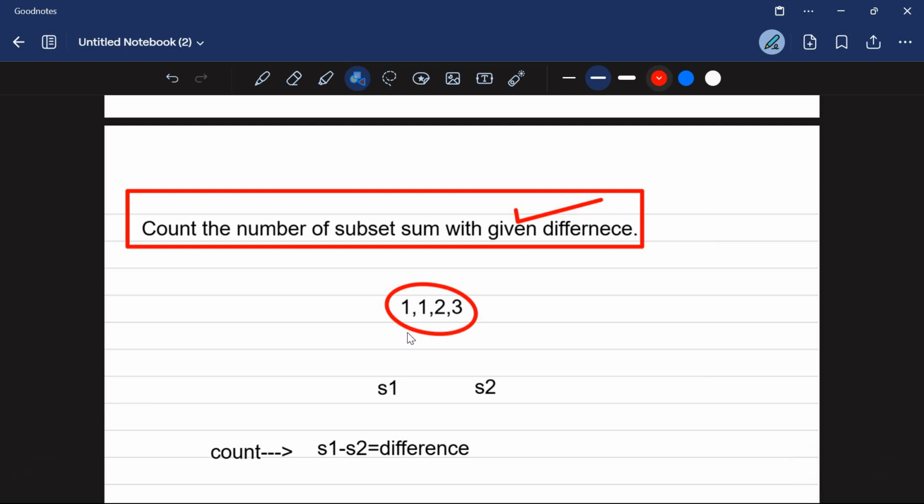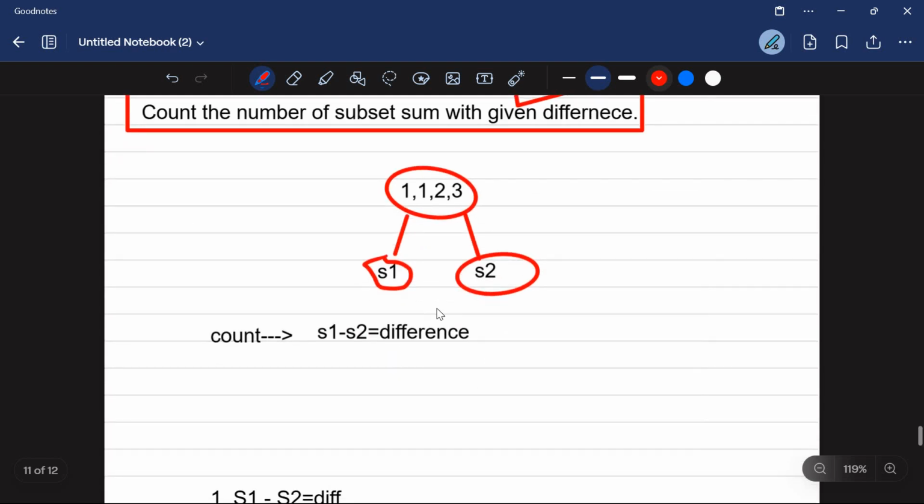In the previous question, they asked only that this difference, S1 minus S2, should be minimum.